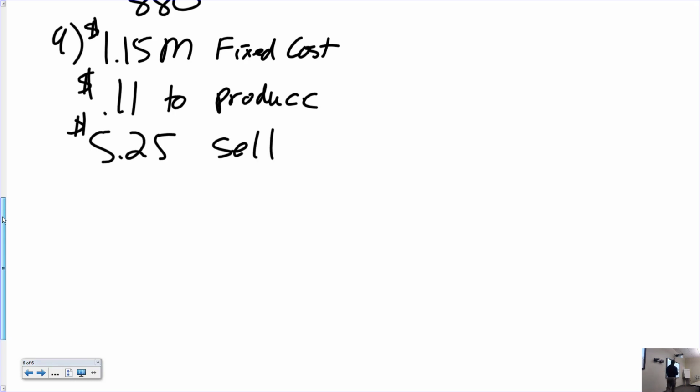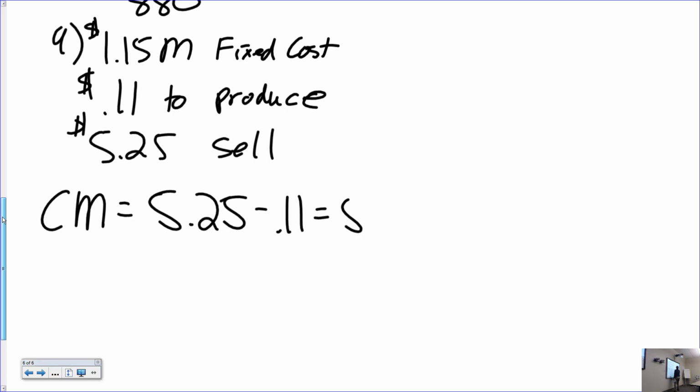Again, I made it a nice, easy problem since we're just dealing with one product in our chain of Hallmark stores. So the key here is realizing that the contribution margin, folks, is $5.14, right? Every card we sell, we make $5.14 because we sell it for 5 1/4, but it costs us 11 cents to make it.